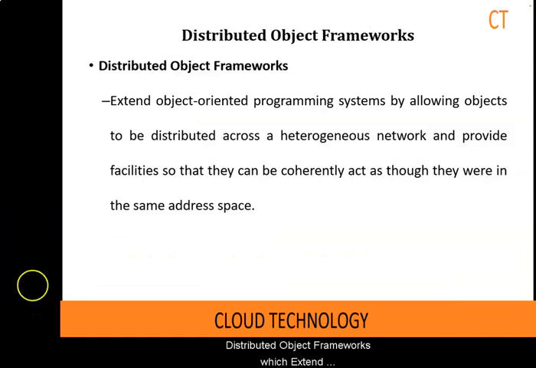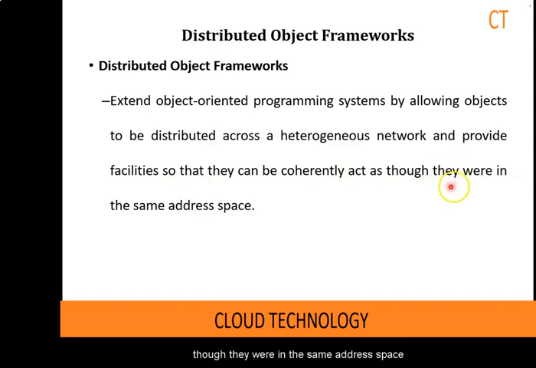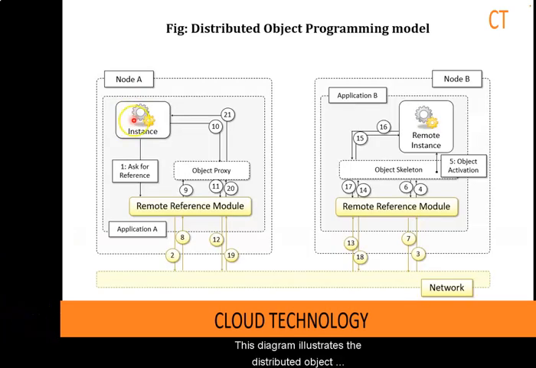Next are distributed object frameworks, which extend object-oriented programming systems by allowing the objects to be distributed across a heterogeneous network and provide facilities so that they can be coherently accessed as though they were in the same address space. This diagram illustrates the distributed object programming model.